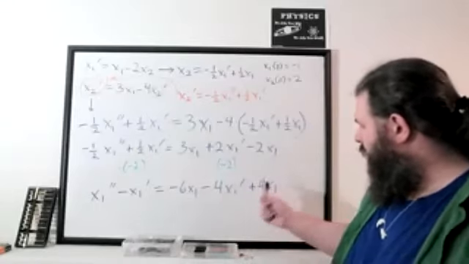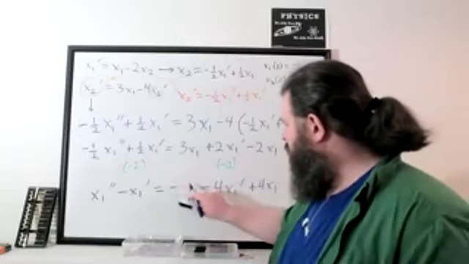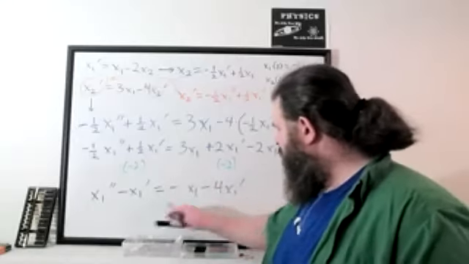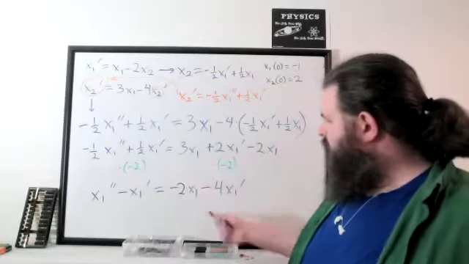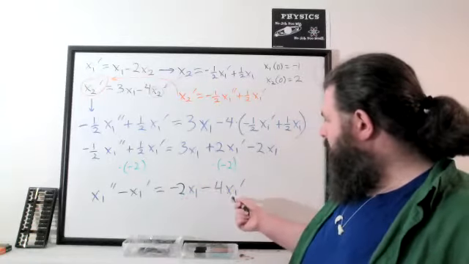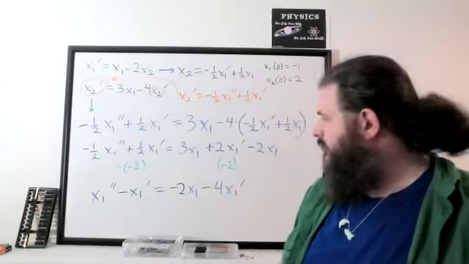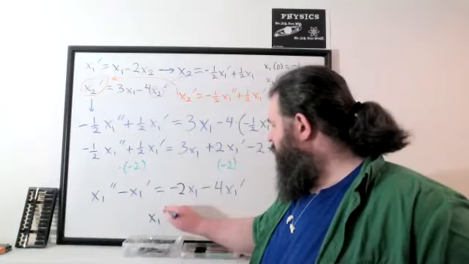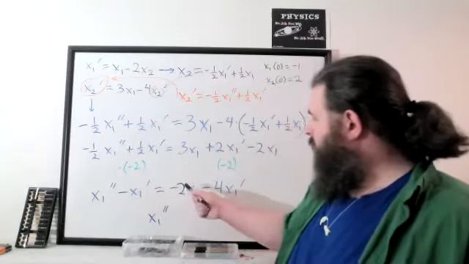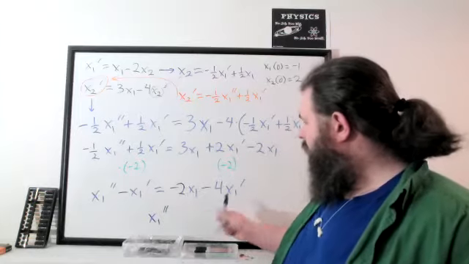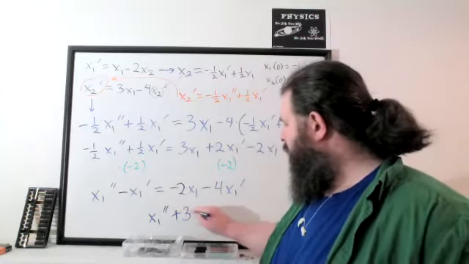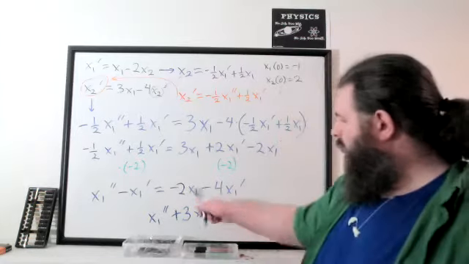Negative 6 plus 4 more is just negative 2 x1. So those combine. And then let's just add 2x1 to both sides, add 4x1 prime to both sides. So we get x1 double prime minus x1 prime plus 4x1 prime becomes plus 3x1 prime, and then plus 2x1.